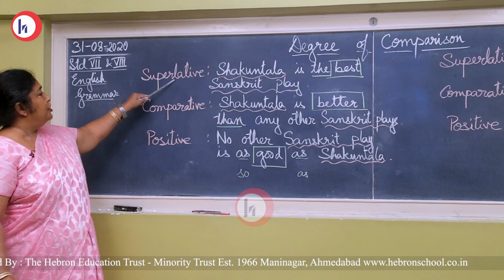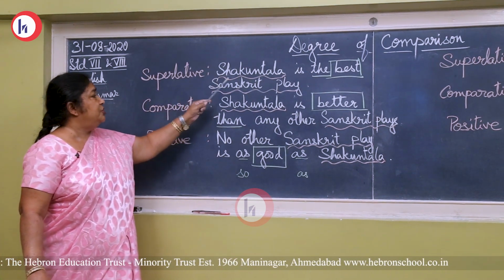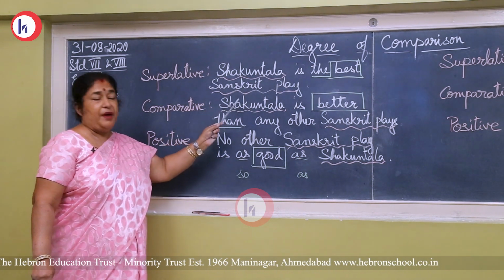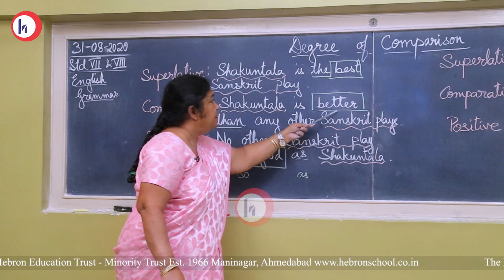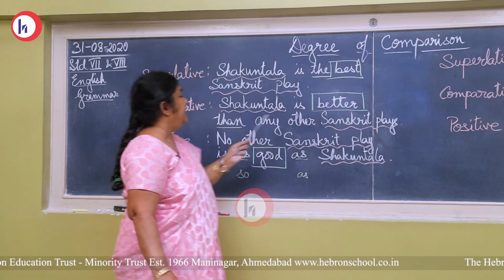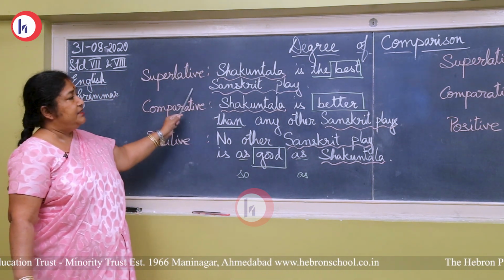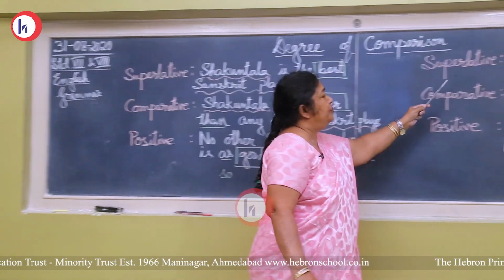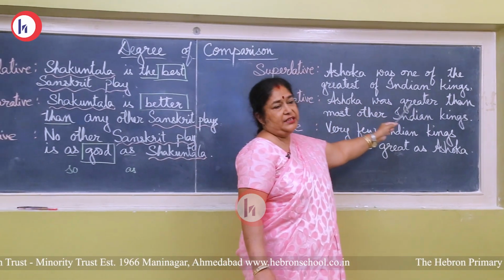But if we change from superlative to comparative, we don't need to change the subject and the object of comparison. The two things we compare will be in their places, but we have to change this. We have to write the comparative degree and add than. Here, see this sentence in superlative: Ashoka was one of the greatest of the Indian kings.